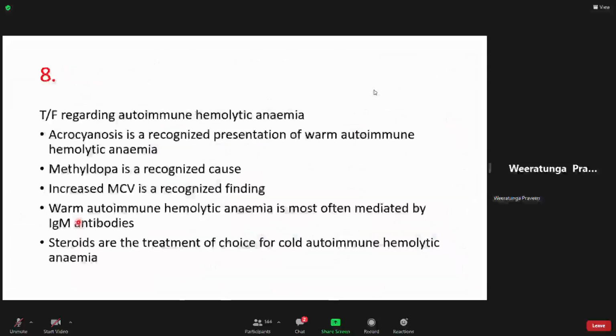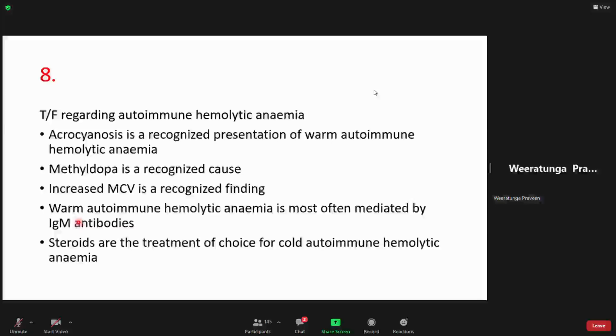True or false regarding autoimmune hemolytic anemia? So I told you in the acquired group of hemolytic anemias, autoimmune hemolytic anemias are very important. There are two types: warm autoimmune hemolytic anemia, and cold autoimmune hemolytic anemia.